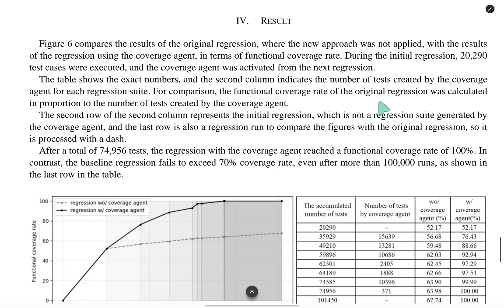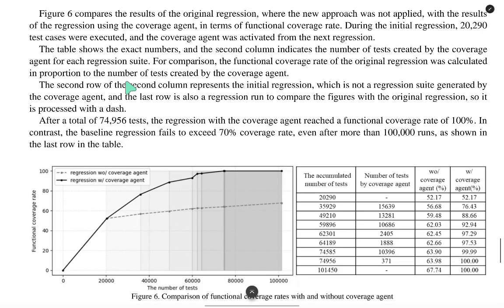The table shows the exact numbers, and the second column indicates the number of tests created by the coverage agent for each regression suite. For comparison, the functional coverage rate of the original regression was calculated in proportion to the number of tests created by the coverage agent.